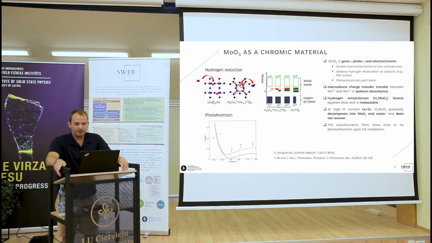And for photochromic, it's not that clear, because it seems that we must have some water inside the molybdenum trioxide, so that when the material is illuminated by UV light, electron and hole pairs are produced, and then this water can be split, and hydrogen can react with molybdenum trioxide and form molybdenum bronze.